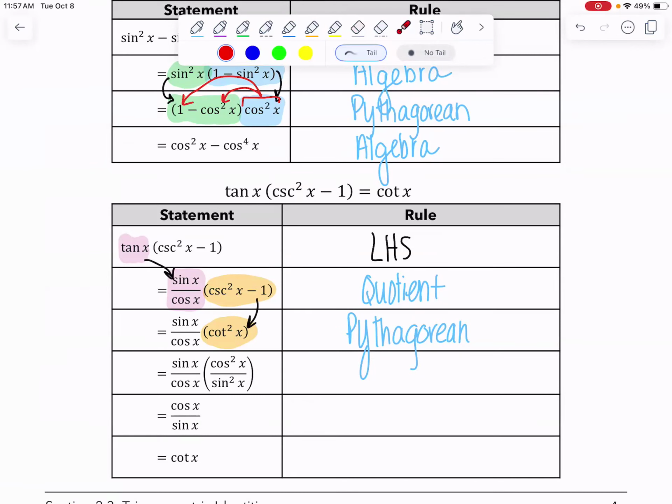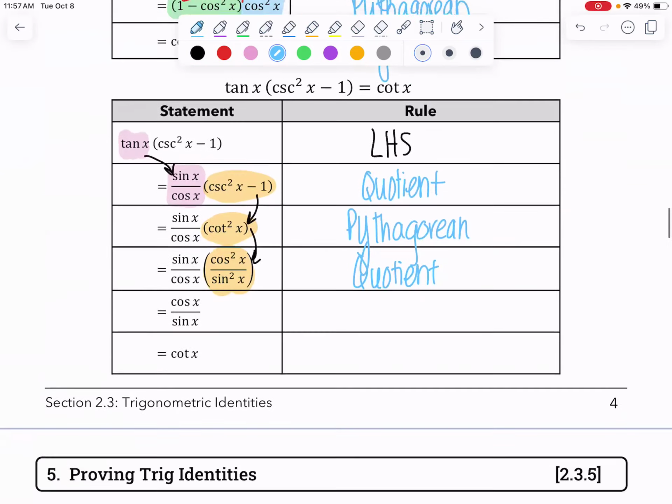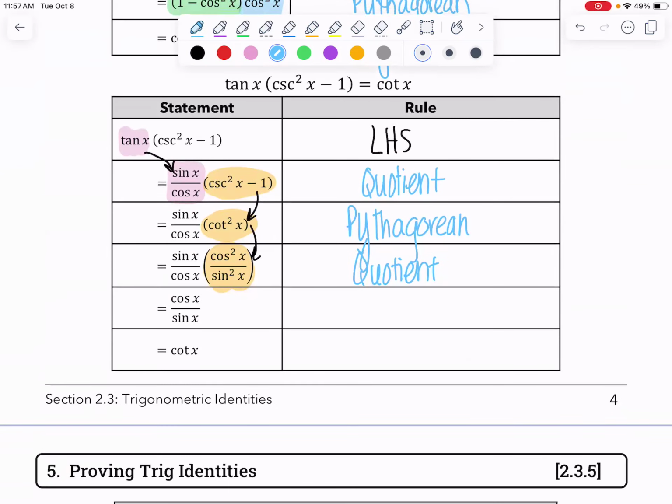The sine and cosine look like they stayed the same. It looks like here there was a change: cotangent turned into cosine over sine. That is just a quotient identity. And then it looks like some simplifying happened. There's a cosine on the bottom, so it gets rid of one of the cosines on top. There's a sine on top, so it gets rid of the sine on the bottom.